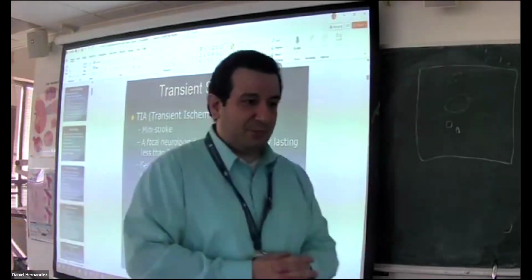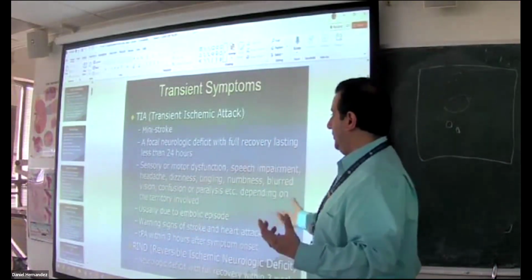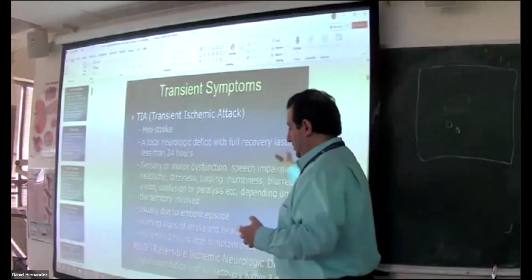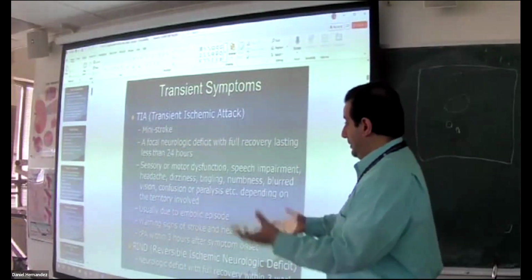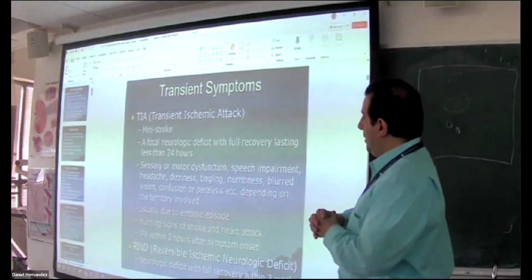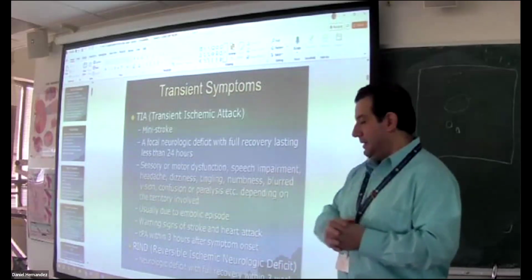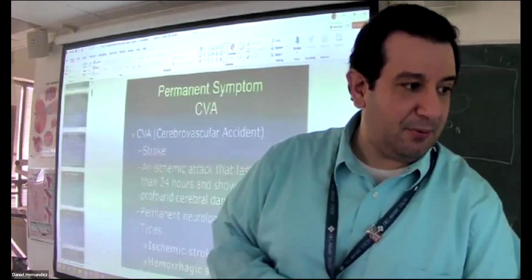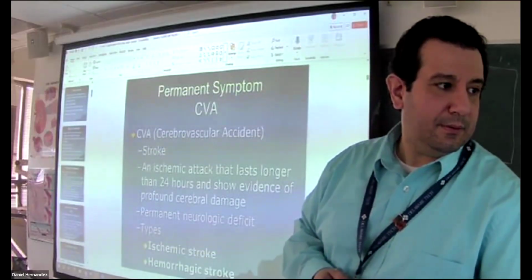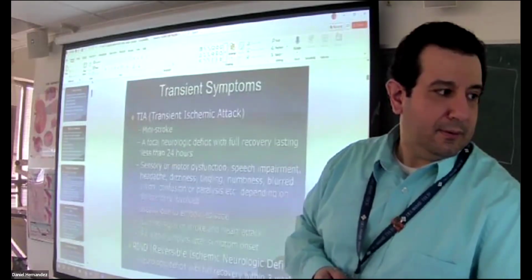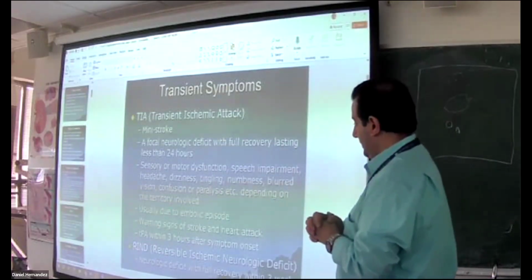So they might be in the hospital for several days, and they have weakness, motor dysfunction, speech impairment, whatever their symptom is, but they still fully recover. They regain their full function as they were prior to having that episode, but it lasts longer than 24 hours and resolves within 3 weeks. They make a full recovery within 3 weeks. So that's our RIND, reversible ischemic neurologic deficit.